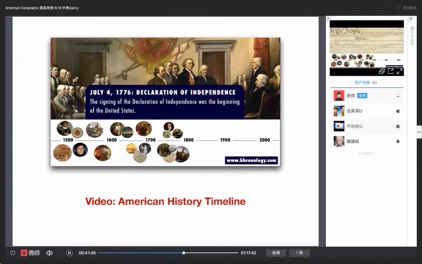So 1776, the Declaration of Independence was signed and the Revolutionary War. And then in 1789, the Constitution and Bill of Rights was written up and ratified by the new government.